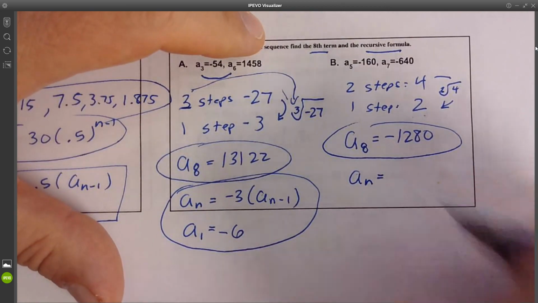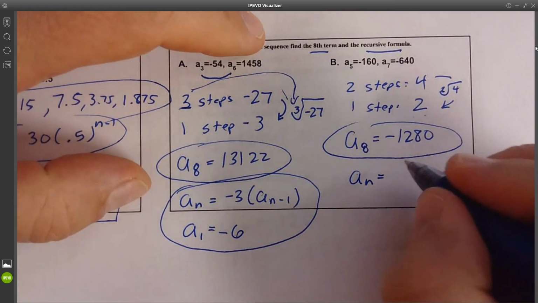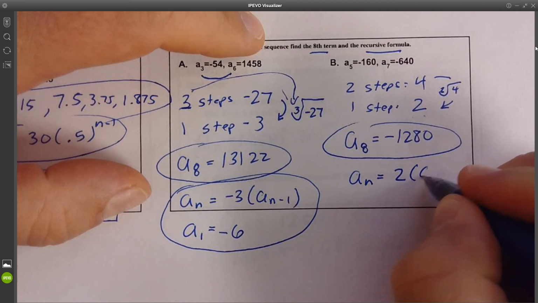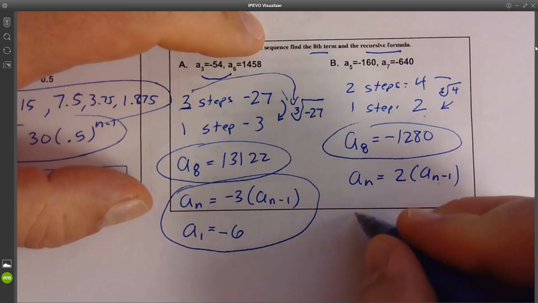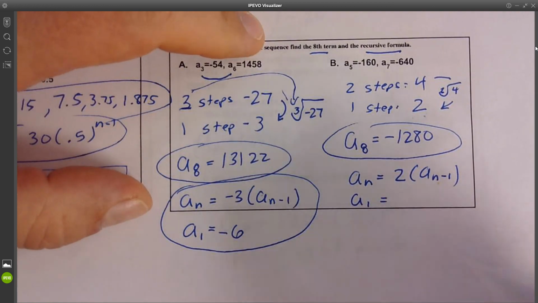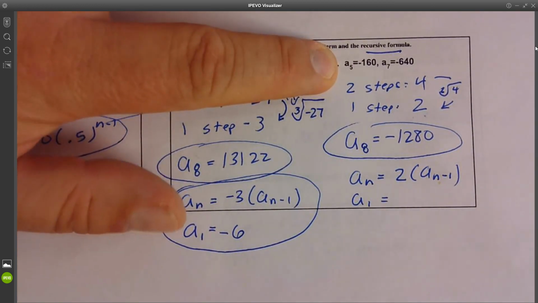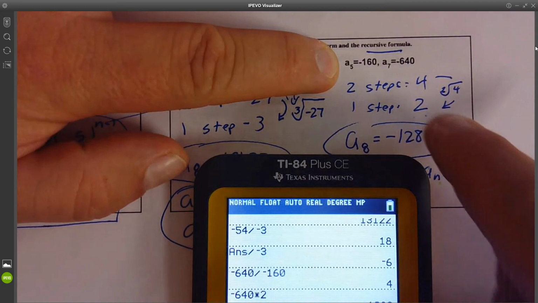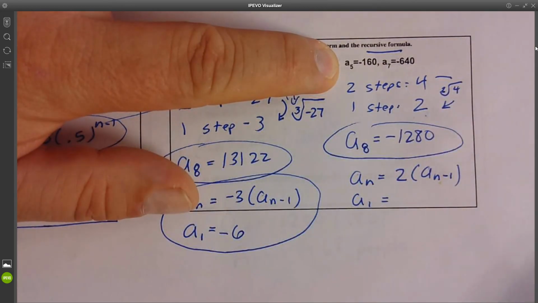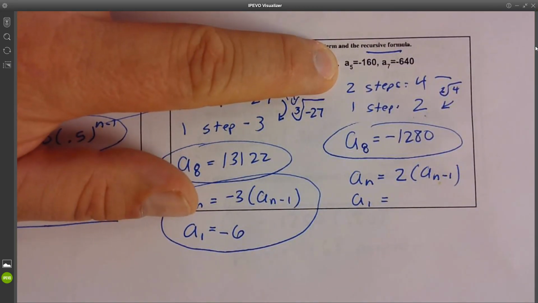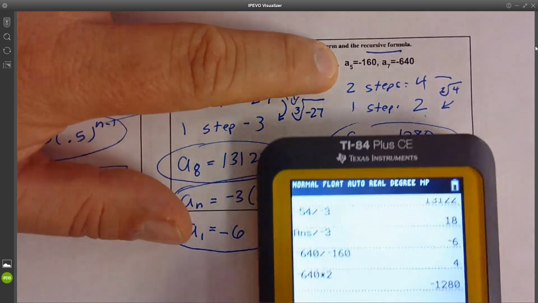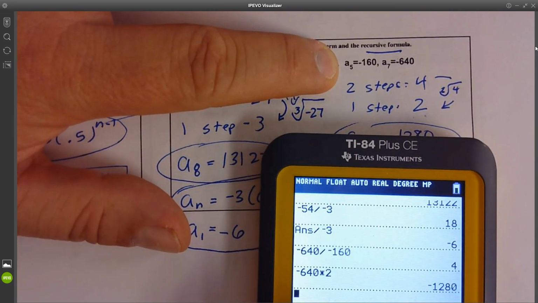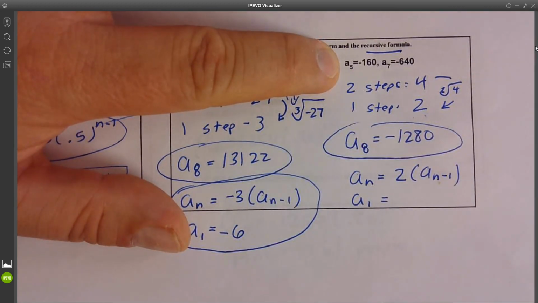A sub n equals, our rate is 2 times whatever the previous one was, and then our a sub 1. So we've got to go back from 5. I have to undo this 2 until we get to 1. How many times is that? We've got to be careful. Can anyone tell me how to do it in 1 step?